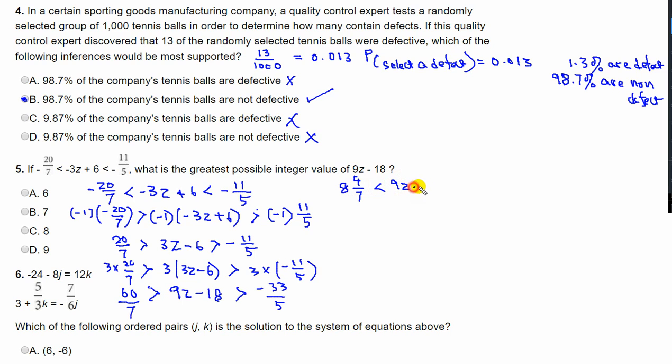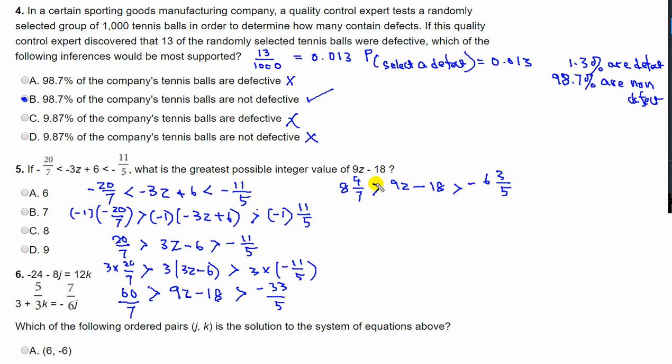Then 9z minus 18. Oops, sorry. Minus 33 over 5 is minus 6 and 3 over 5.